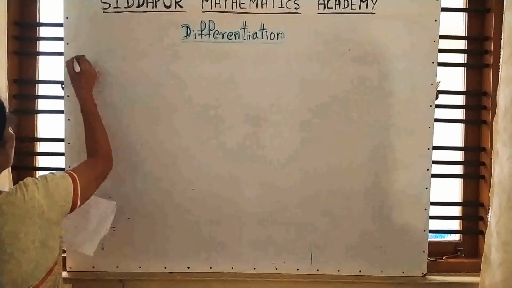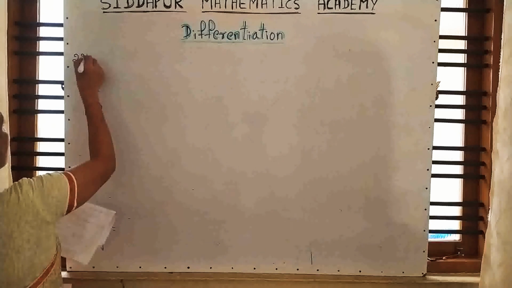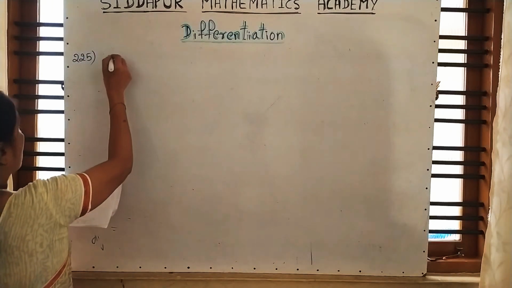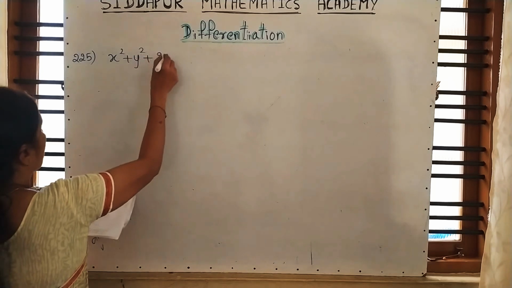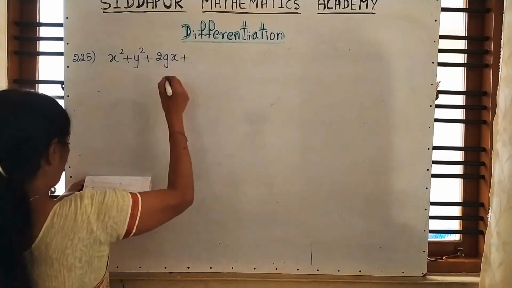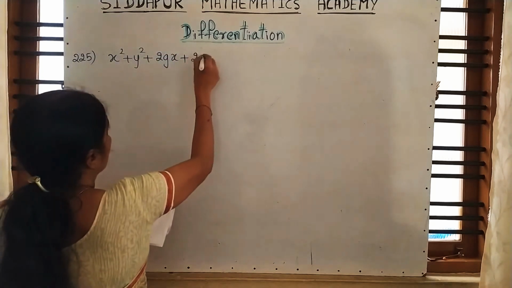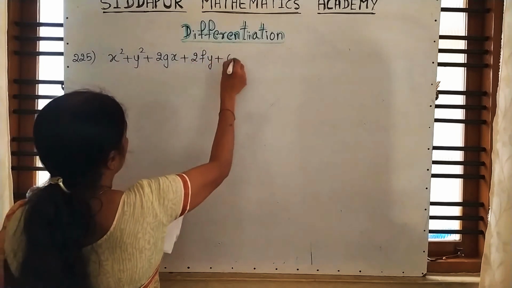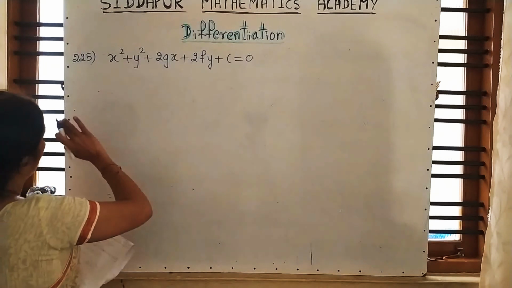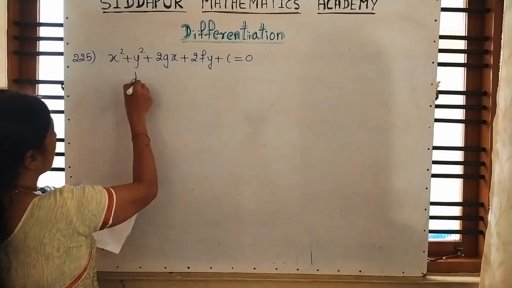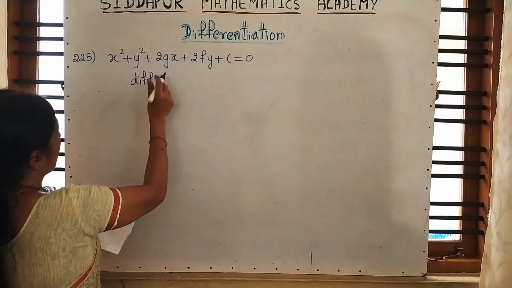Question number 225. x² + y² + 2gx + 2fy + c = 0. Remember, other than x and y, the remaining terms are constants. They are not variables.